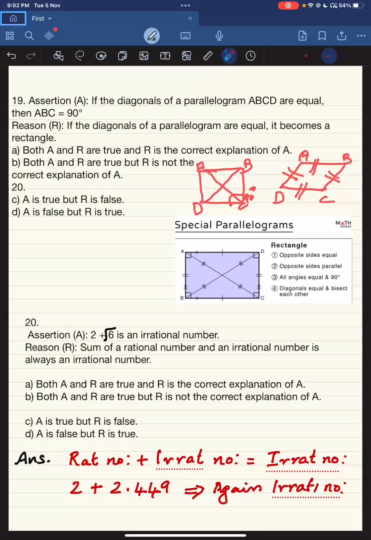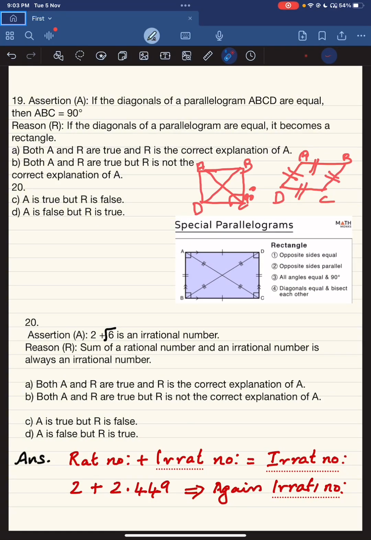Okay, so we can check what is a rectangle. Its opposite sides are equal and parallel. All angles are equal and it is equal to 90 degree. Diagonals are equal and bisect each other.